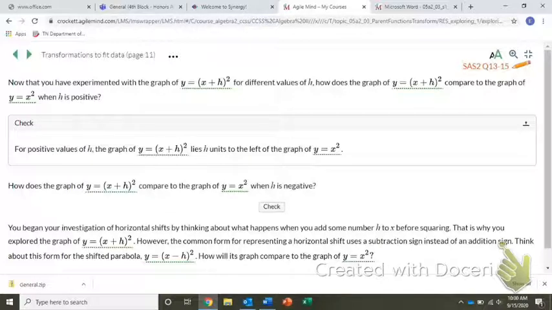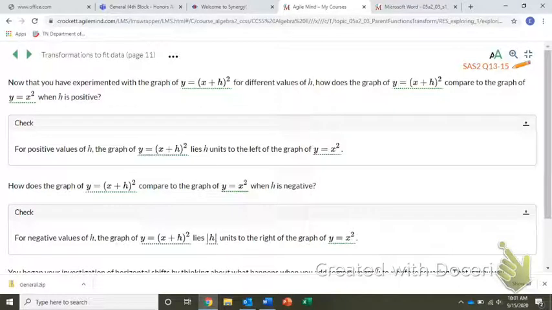Next, on number 14, it says, how does the graph of y equals (x plus h) squared compare to the graph of y equals x squared when h is negative? So since h is negative, it's really going to move to the right.